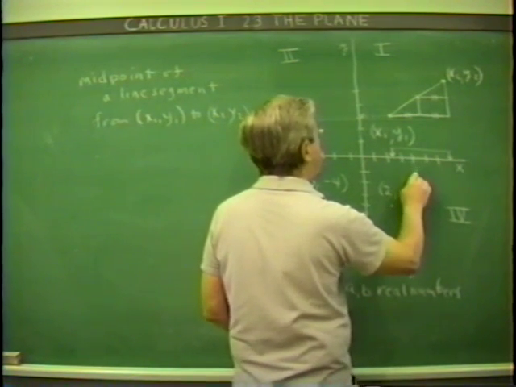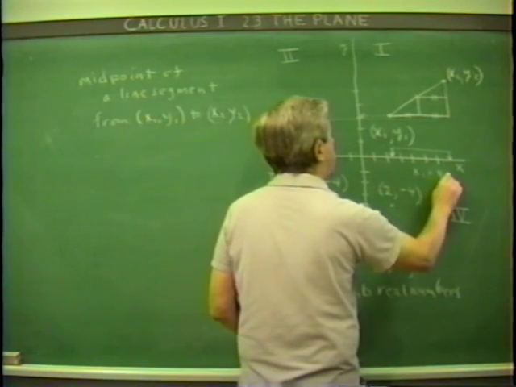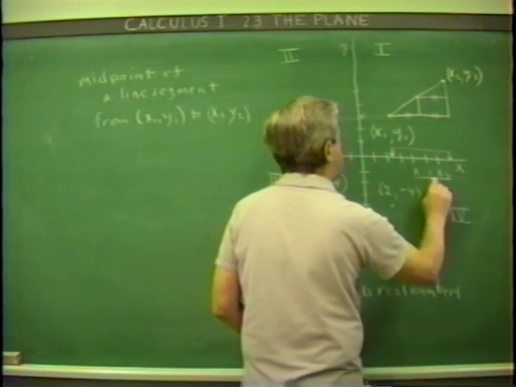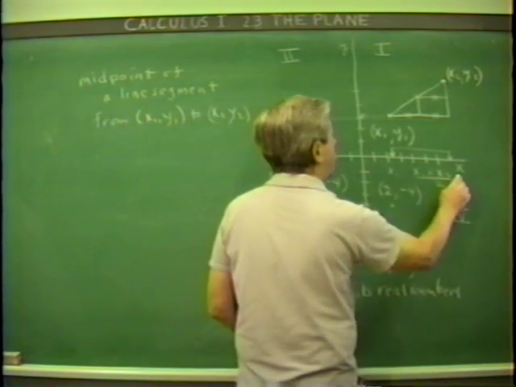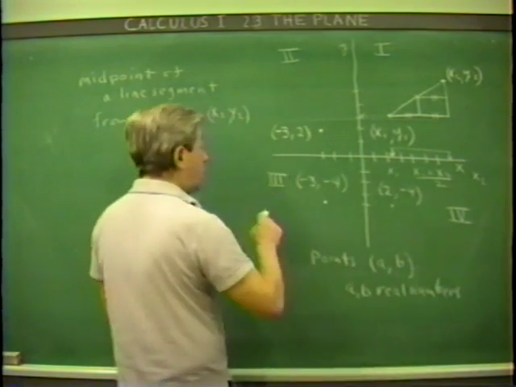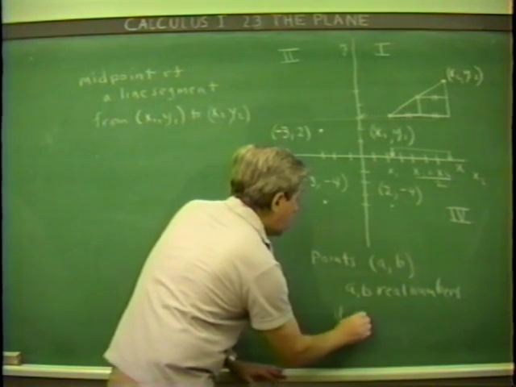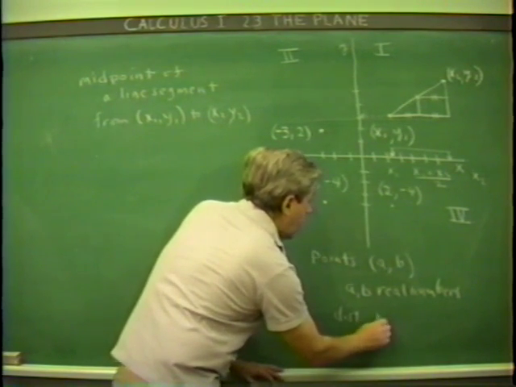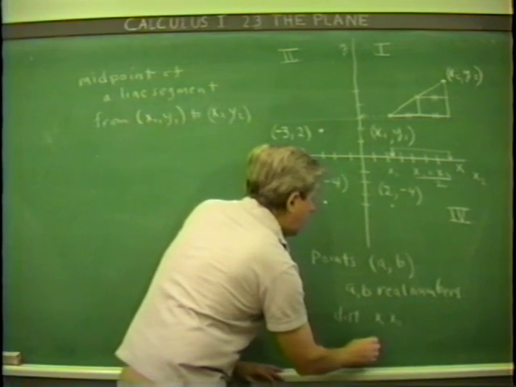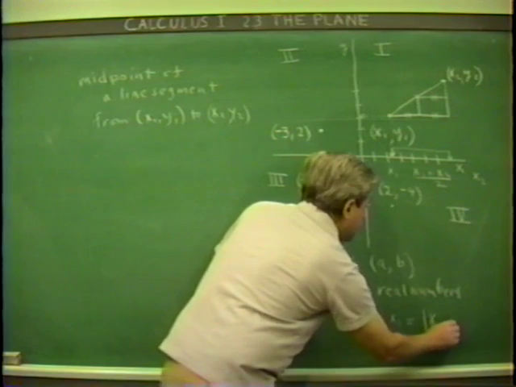And that's going to be exactly the point that's the average of the two x-coordinates. Its distance to x1 is exactly equal to its distance to x2. Incidentally, the distance between 2 points, x1 and x2 on the line, is given by the absolute value of x2 minus x1.